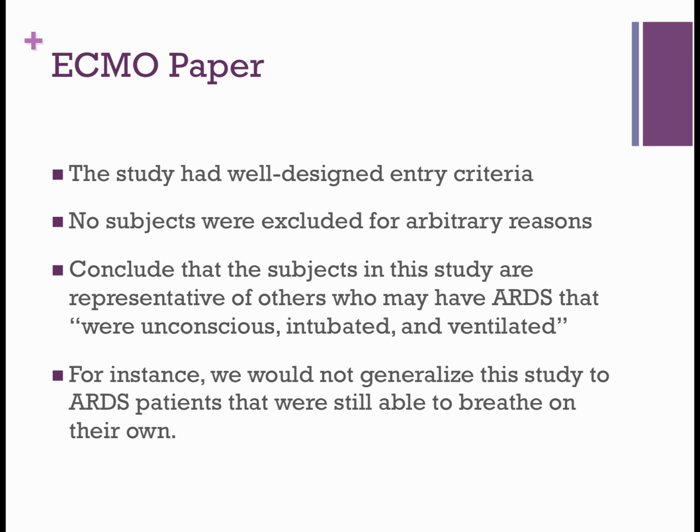Their only exclusion criteria were listed that subjects in this study had ARDS and they were unconscious, intubated, and ventilated. So for instance, we would not have enrolled patients in this study that were still able to breathe on their own. And therefore, we can say that this group is representative of ARDS patients that were in similar situations.